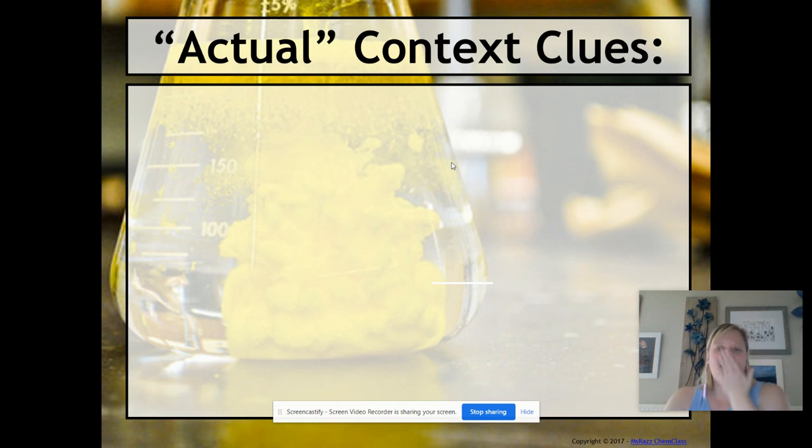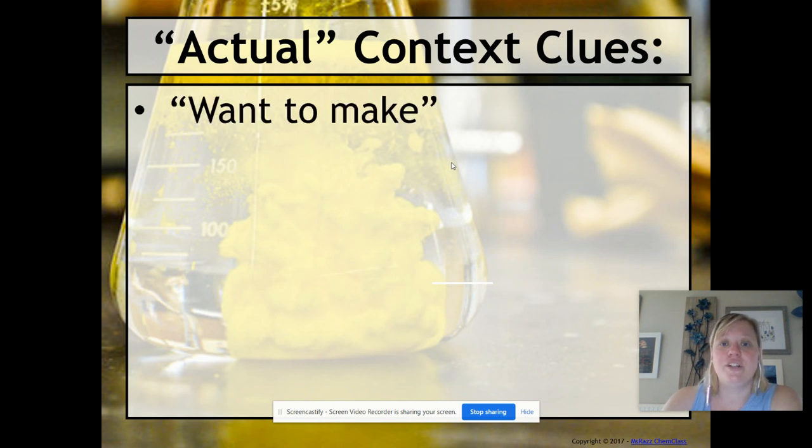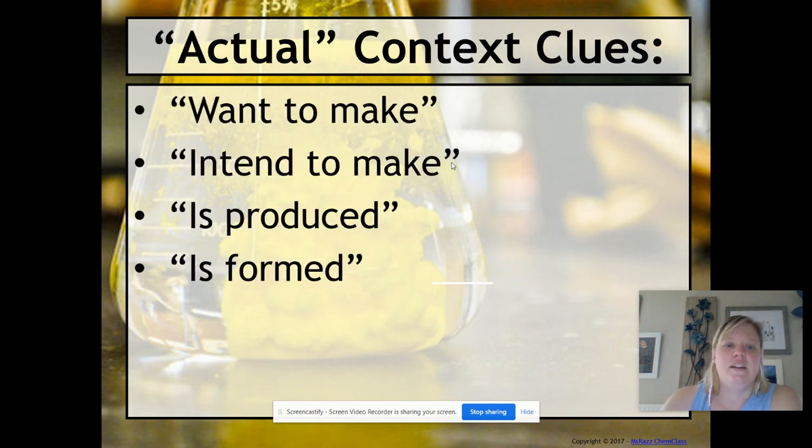Let's look at some context clues. These are going to help you as you're reading a problem to understand what it wants. So: want to make, intend to make, is produced, is formed. These will help you as you're trying to figure out what the question is asking.